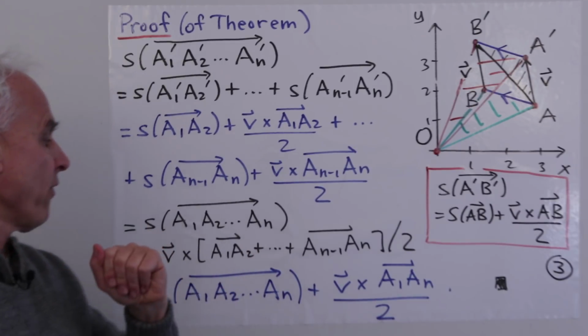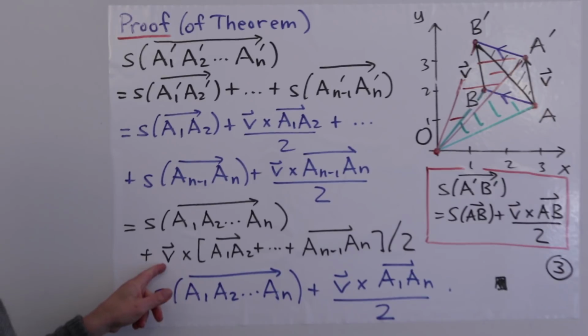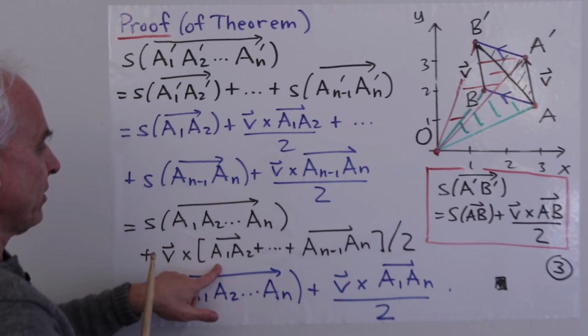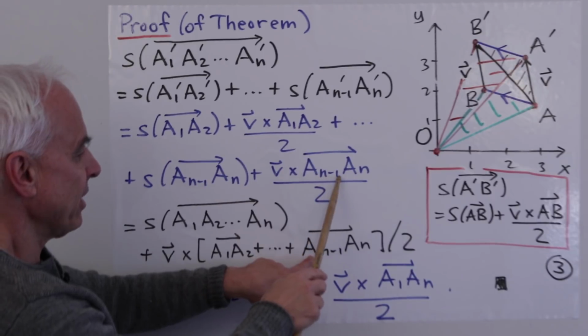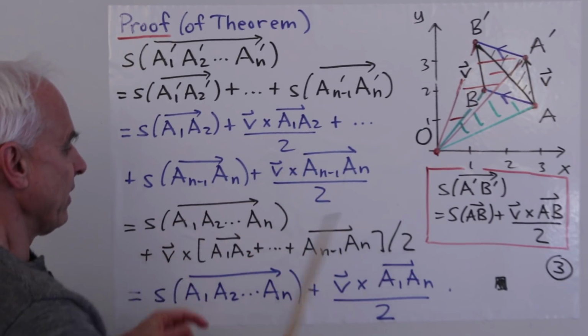And then what's left over are all these terms, and they all have a V in them, so we can pull that V out by distributivity. And it's V cross the vector A1 A2 plus the vector A2 A3 all the way up to the vector AN minus 1 AN. So all of those terms, and then we have to divide by 2.